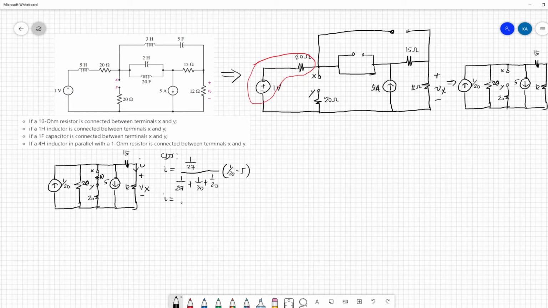So I is equivalent to negative 99 over 65 amperes. So our Vx is equal to 12I, which is equivalent to negative 18.277 volts.